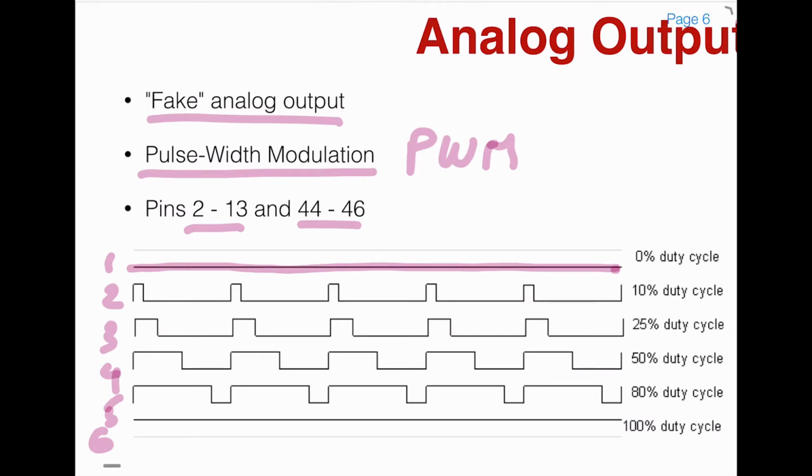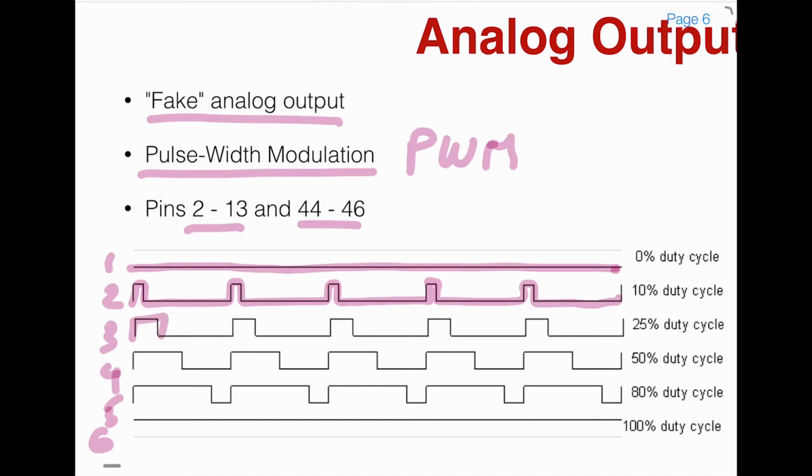So that's outputting 0 volts. However, we could have something like this where the output is on a tiny bit of the time, something like 10% of the time. And if we do that very, very fast, and we connect that to an LED, we're going to see that the LED is going to be typically 10% as bright as when it would be fully on.